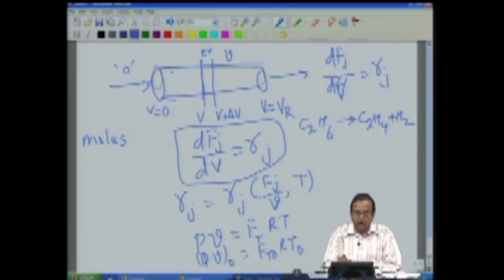And this now has flow rate Ft, and flow rate Ft is nothing but the summation of Fj.